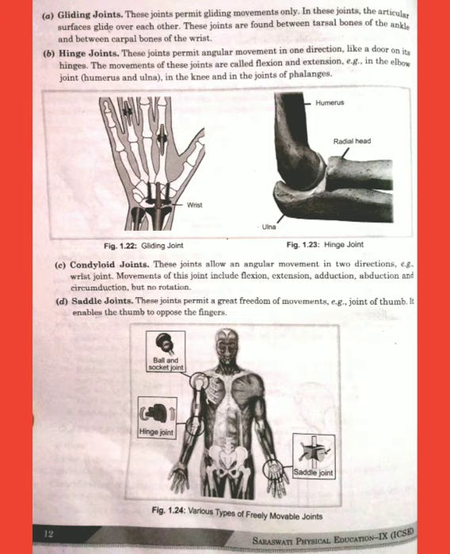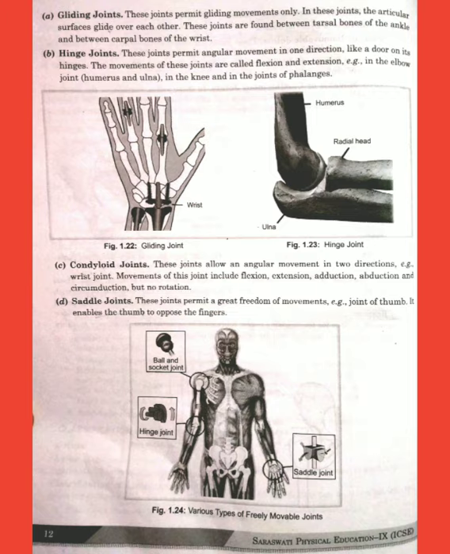The next is condyloid joints. So these joints allow an angular movement in two directions. For example, wrist joint. The fourth one is saddle joint, and this joint permits a great freedom of movement. For example, joint of thumb.